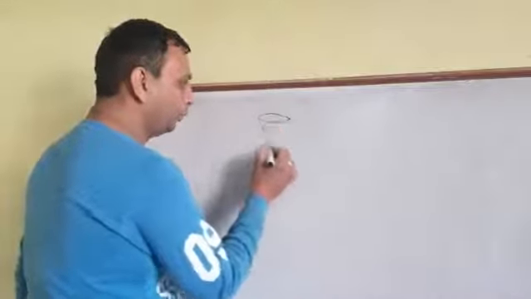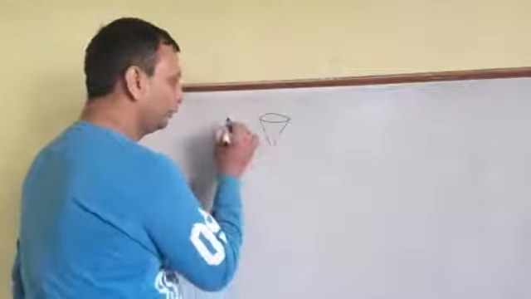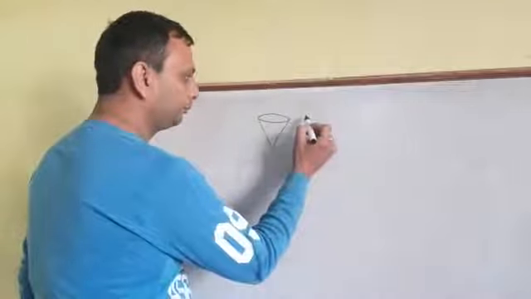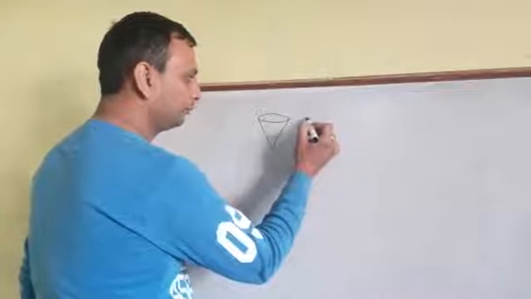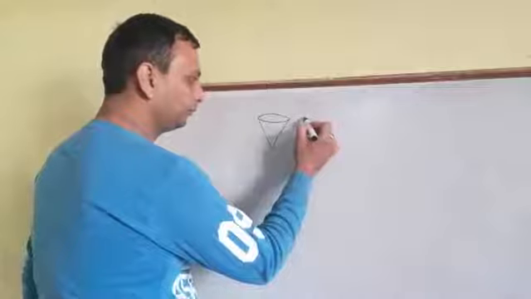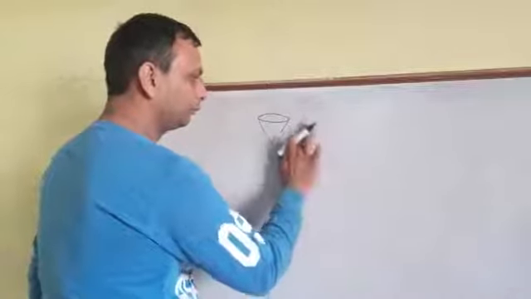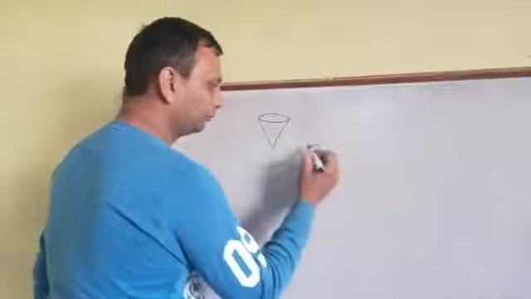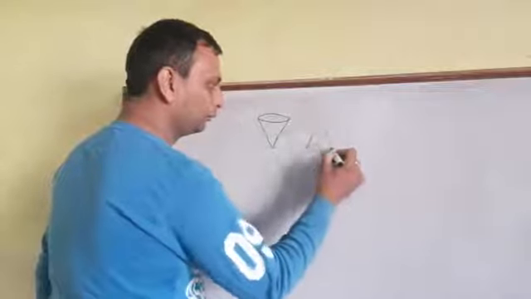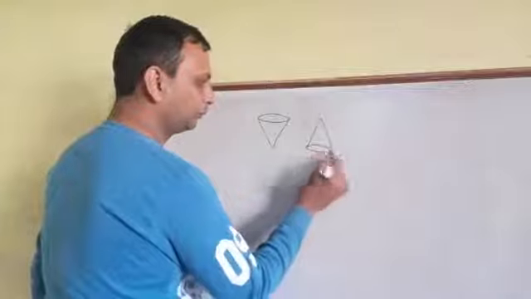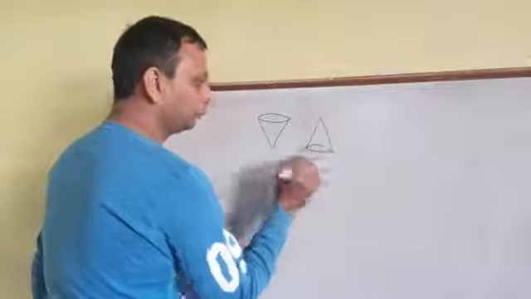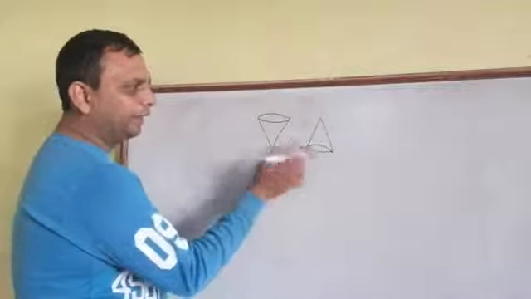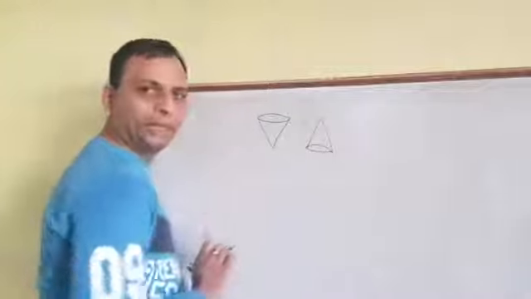This is the inverted cone, and this is the cone. So now this cone is inverted and this is the cone. So the main part is what?